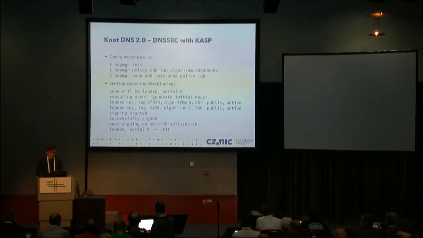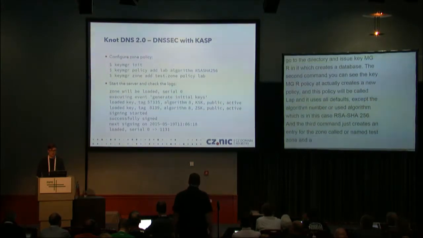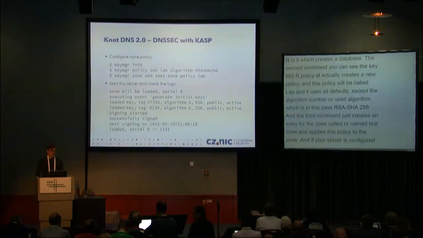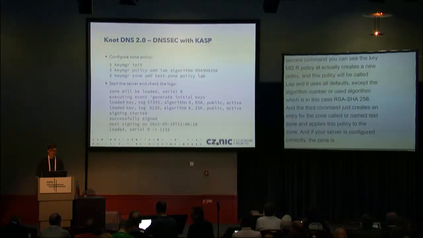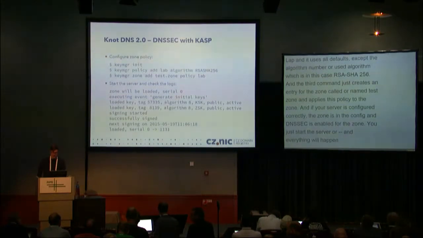And the third command just creates an entry for the zone named test zone and applies this policy to the zone. And if your server is configured correctly, the zone is in the config and DNSSEC is enabled for the zone, you just start the server or reload the server, and everything will happen automatically.